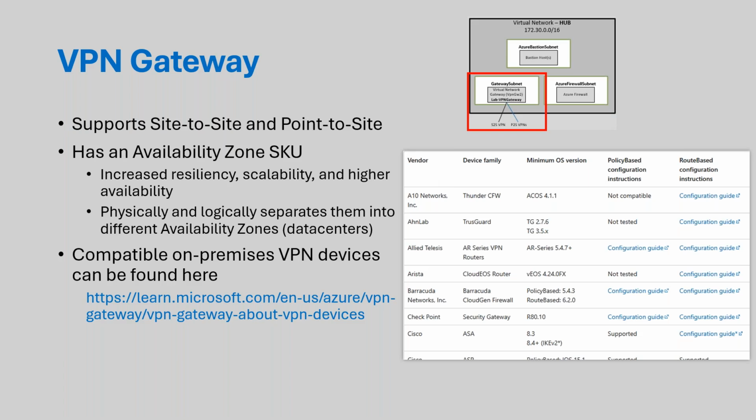So in the configuration, there's a couple things you need to do. One would be clearly what SKU am I going to deploy? So this is the virtual gateway that you're going to be deploying here, and you'll figure out what SKU you're going to be putting onto that. Another thing, which we'll get to on a future slide, is you're going to configure a local network gateway, and all that is an Azure resource that defines what your on-premises world looks like.